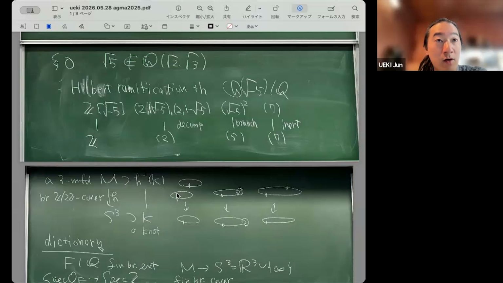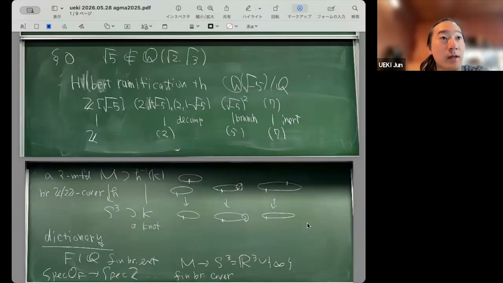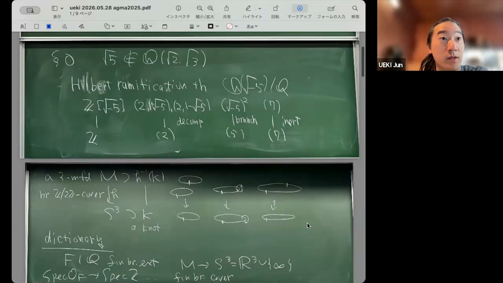Sometimes it decomposes into 2 components, sometimes it is inert, and sometimes it branches. Branches means that the meridian forms a double cover. Inert means that the covering degree is 2. This is a typical analogy between knots and primes, or numbers and 3-manifolds.